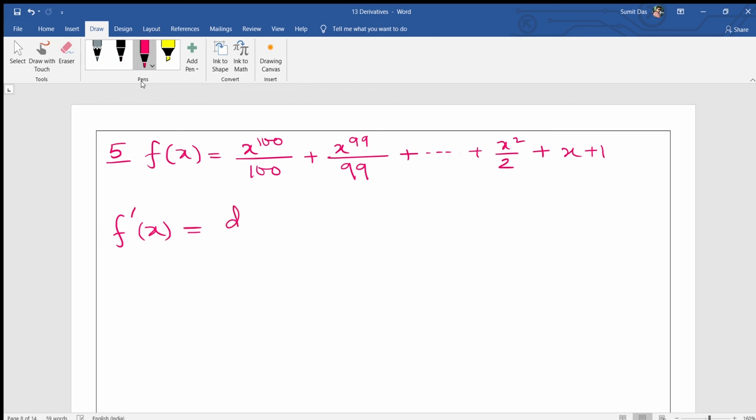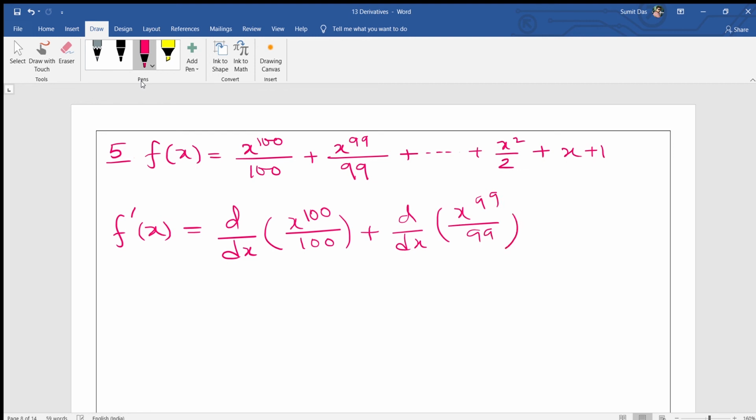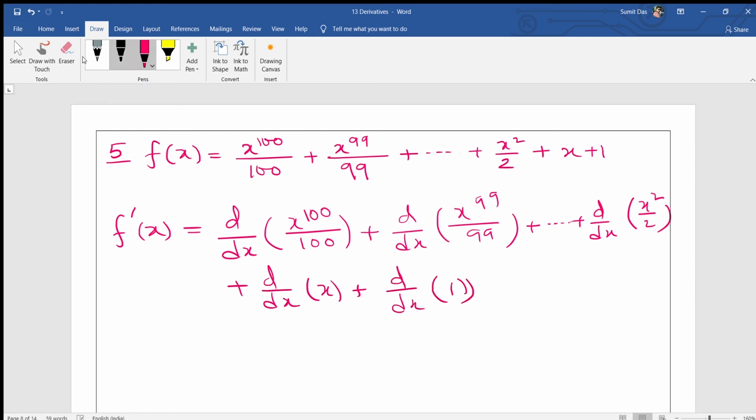So I'll get d/dx of x^100/100 plus d/dx of x^99/99, continuation, d/dx of x²/2, plus d/dx of x plus d/dx of 1. Right?